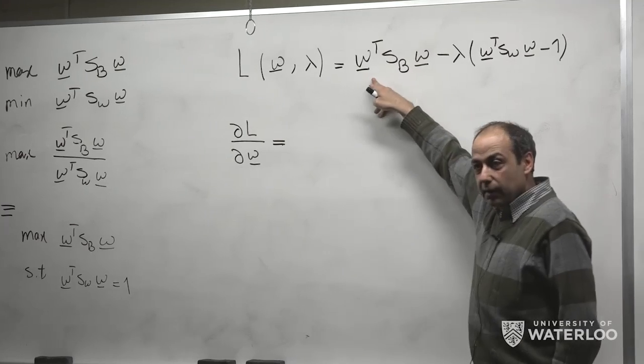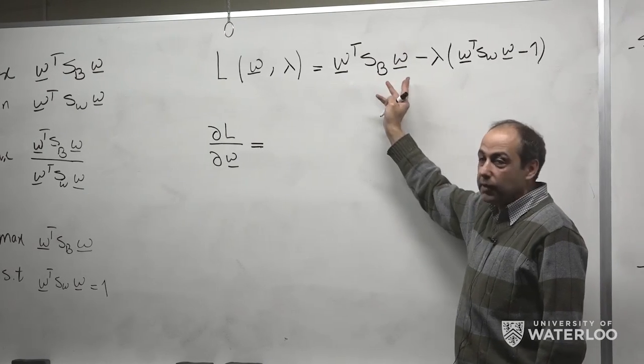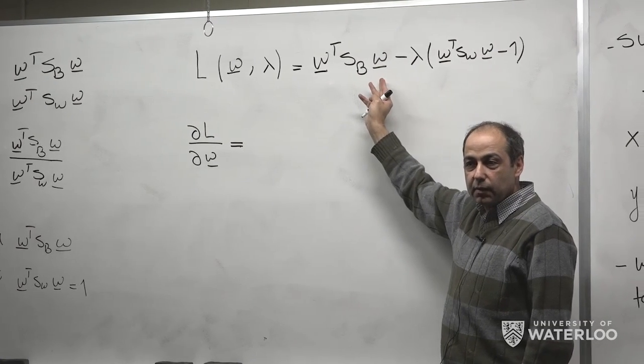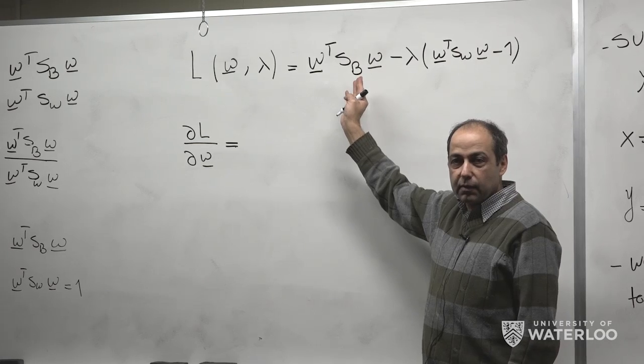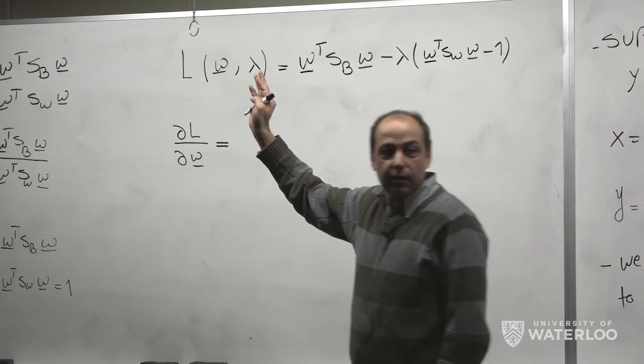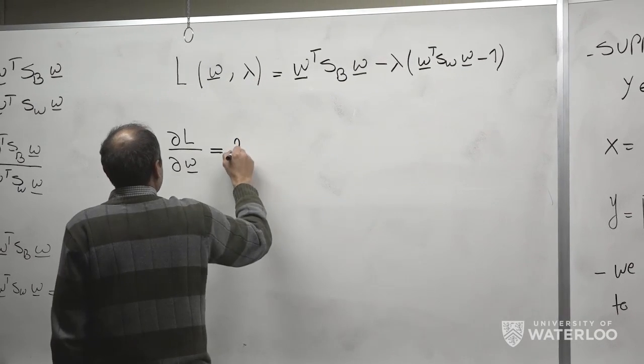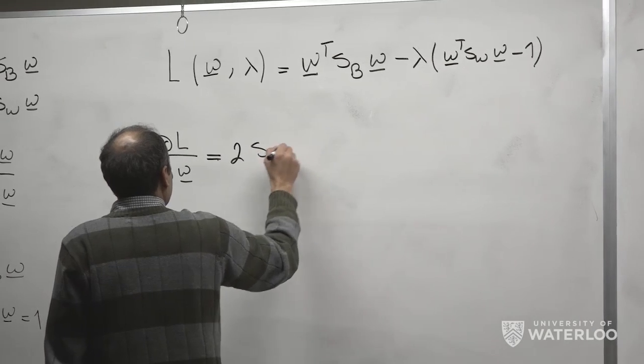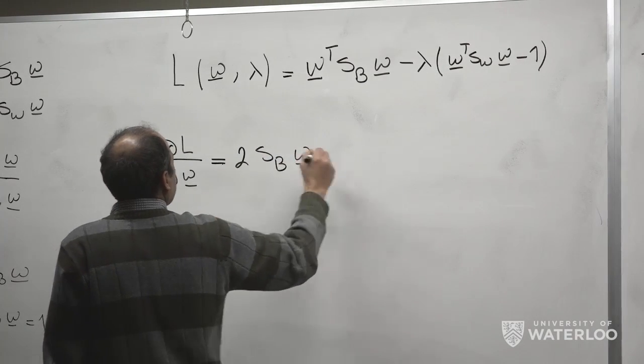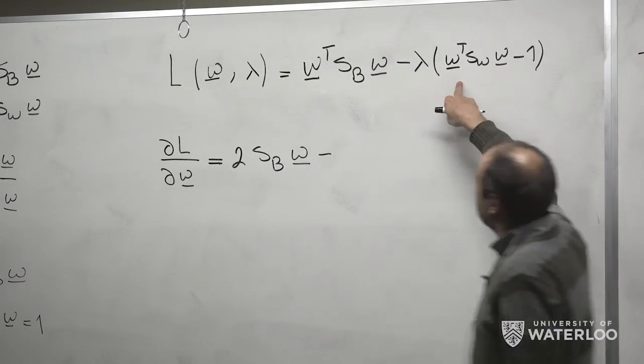What's the derivative of W transpose SB W? It's 2 SB W. What's the derivative of this one?